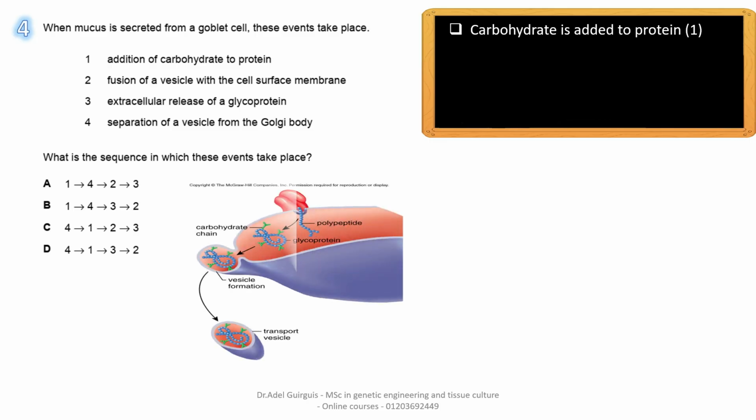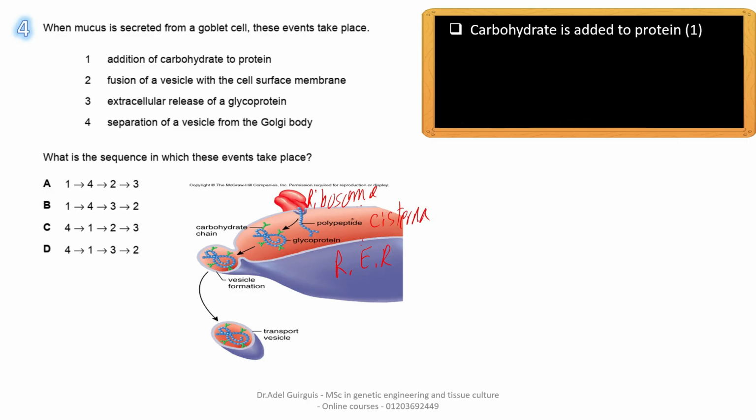Now look at this ribosome. This one ribosome, on the membrane of rough endoplasmic reticulum. So that's rough endoplasmic reticulum. The lumen of rough endoplasmic reticulum is called cisterna, or cisternae.